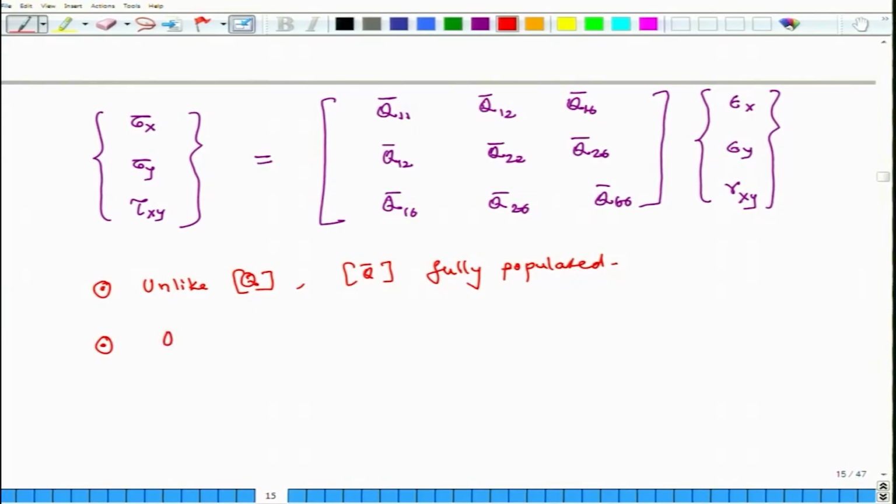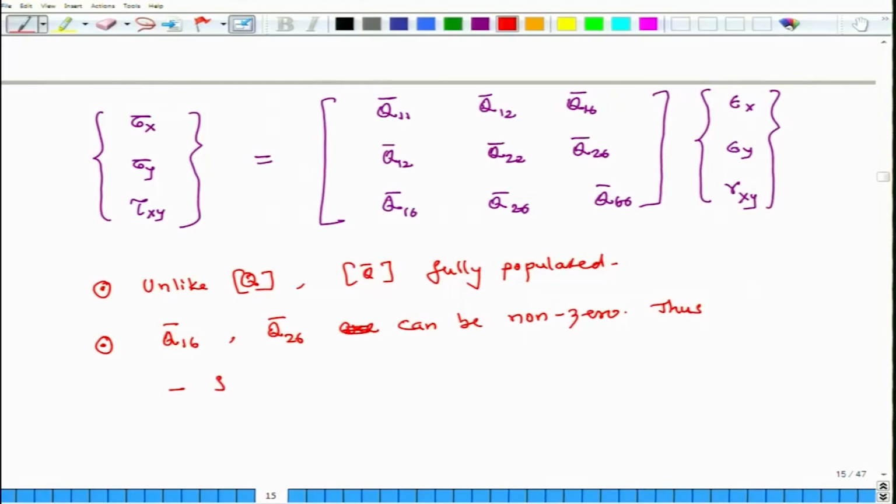Q16 bar and Q26 bar, I will not say always, can be non-zero, and because they are non-zero, we can make two observations.